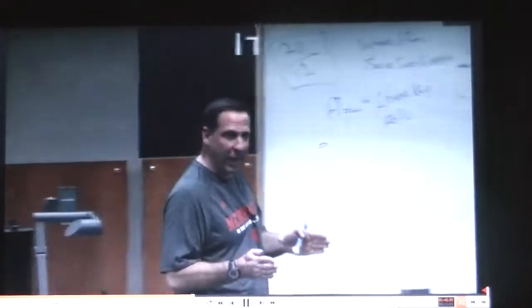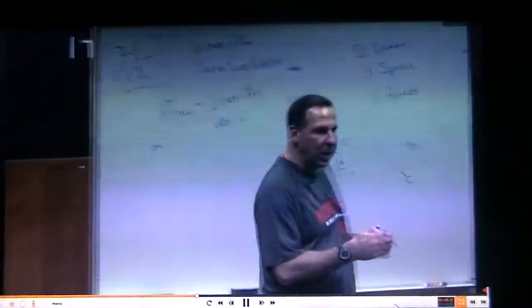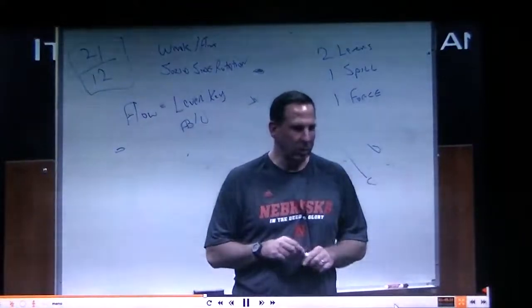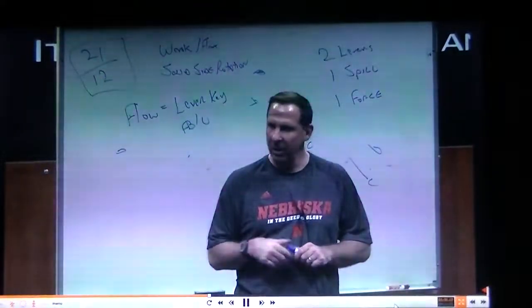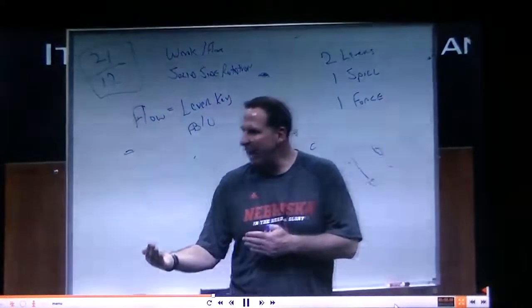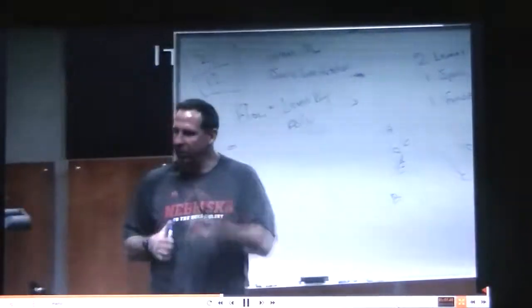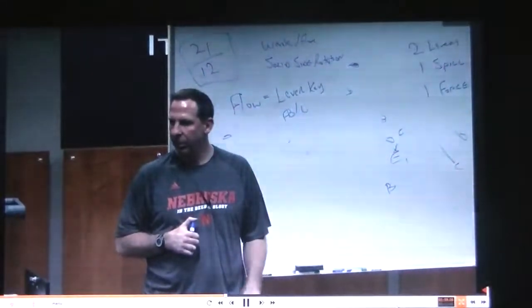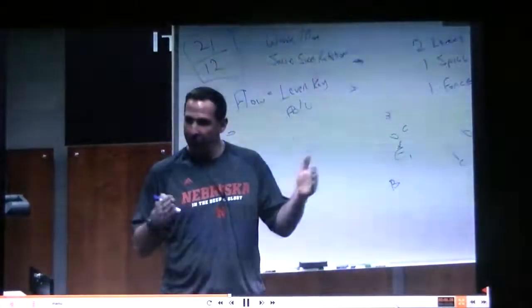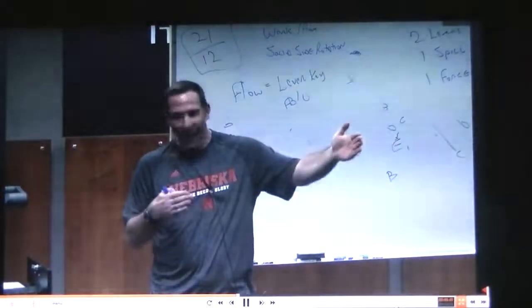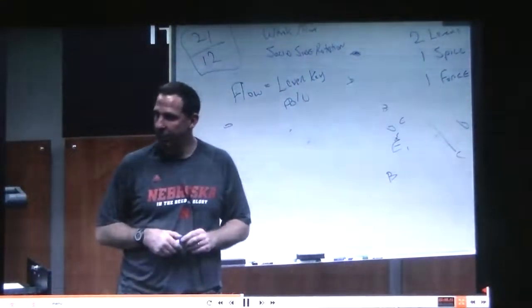As a linebacker, you're going to have an initial key, and all it does is tell me where do I take my eyes. And the same if I'm a safety and I'm playing cover 4, I'm going to read number 2, that tells me where to take my eyes. If I'm a corner and I'm playing cloud, I'm going to see 2 or the back, and that's going to tell me where to take my eyes.